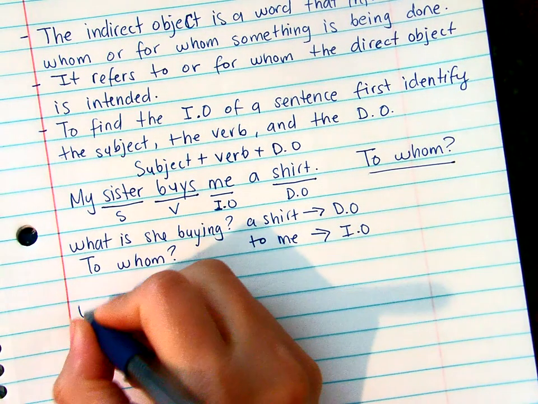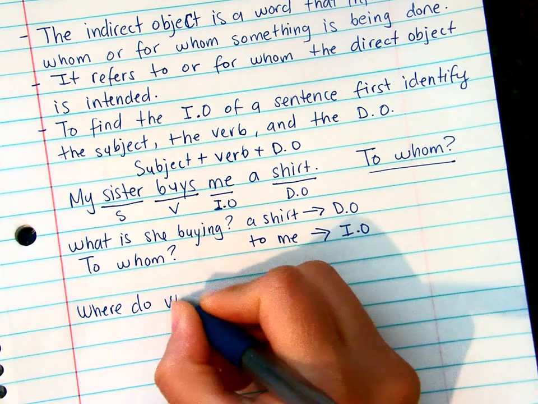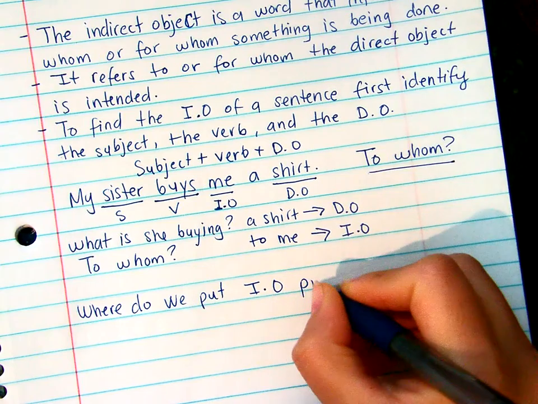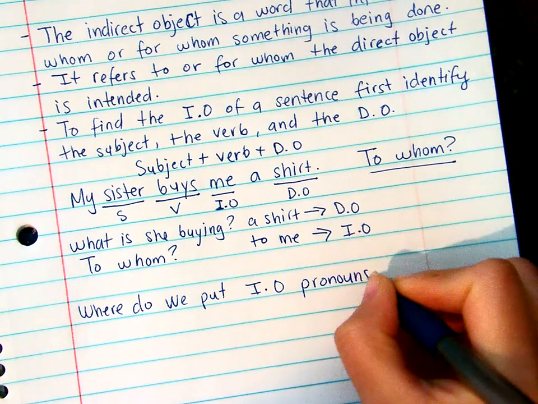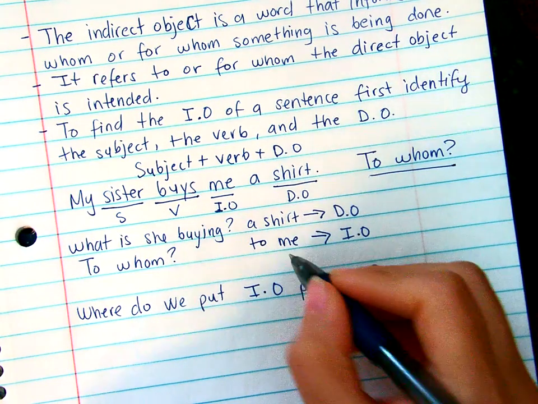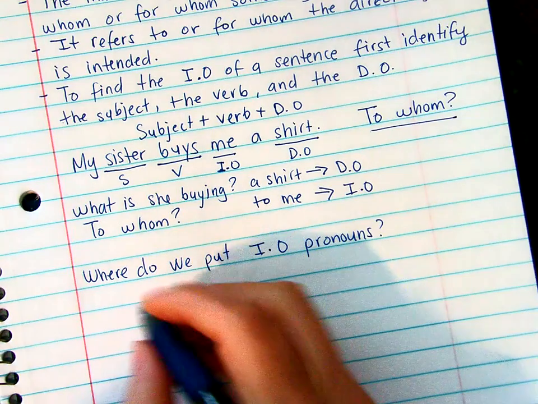So, now where do we put indirect object pronouns? Because this right here, me, is a pronoun, okay? Where do we put indirect object pronouns?